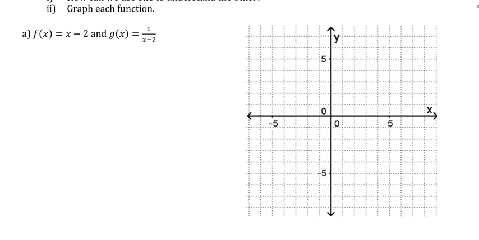Well, let's graph f at x first. So x minus 2, it has a y-intercept of negative 2, and it has a slope of 1.